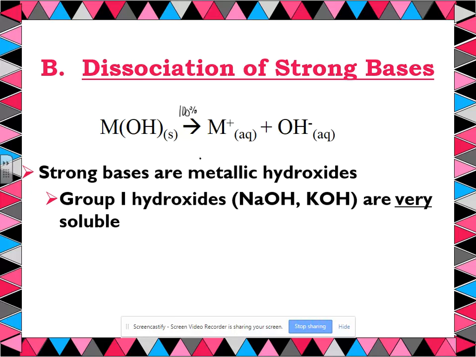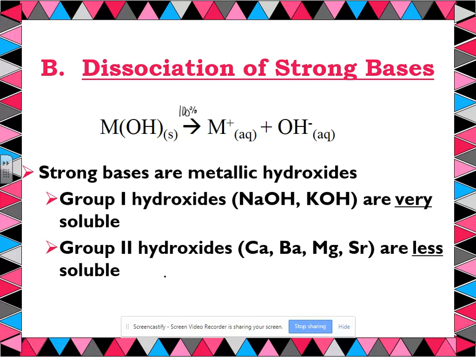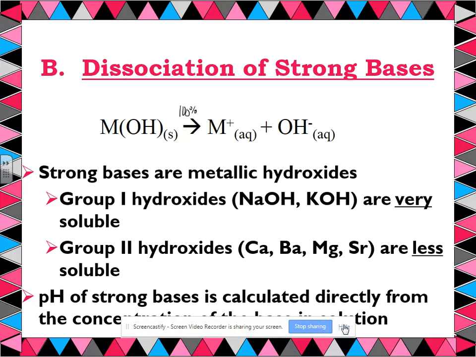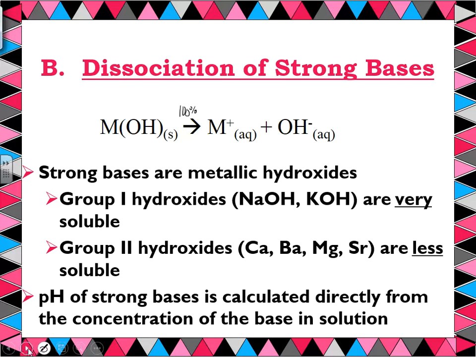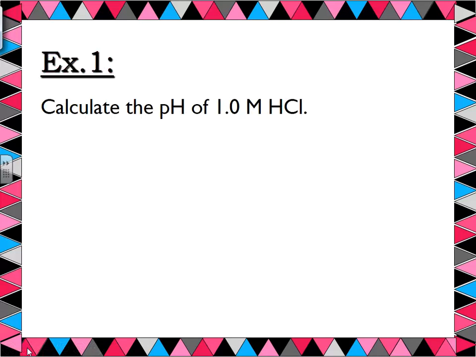So all of it shifts and you produce completely a set of ions in solution. The group 2A hydroxides, calcium, barium, magnesium, and strontium, are less soluble, but we still assume 100% dissociation with these. So the pH of strong bases is calculated directly from the concentration of the base in solution.